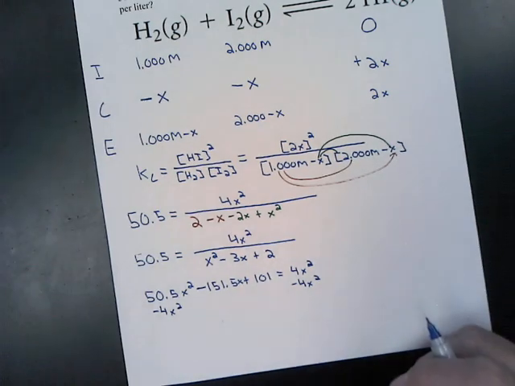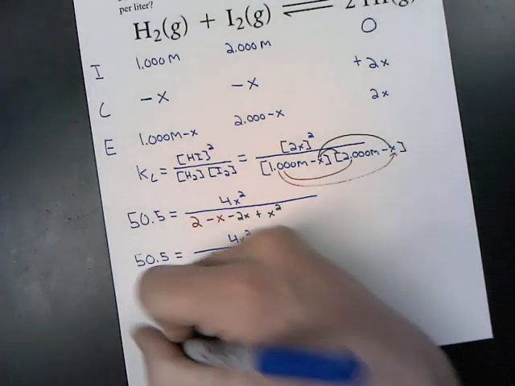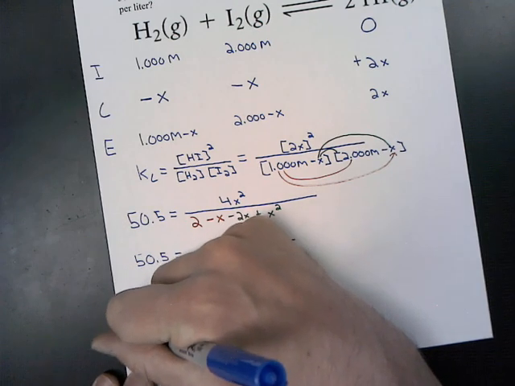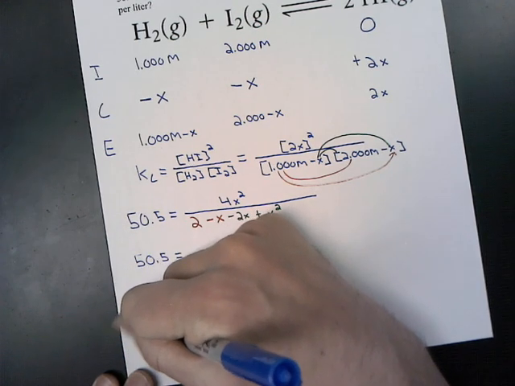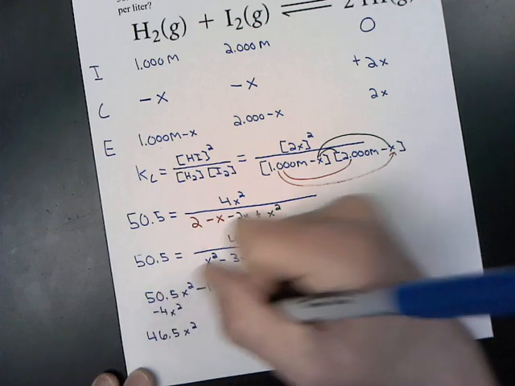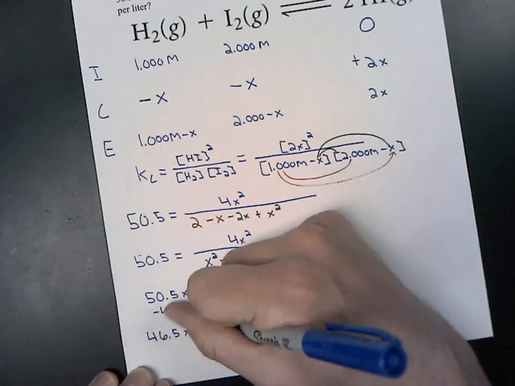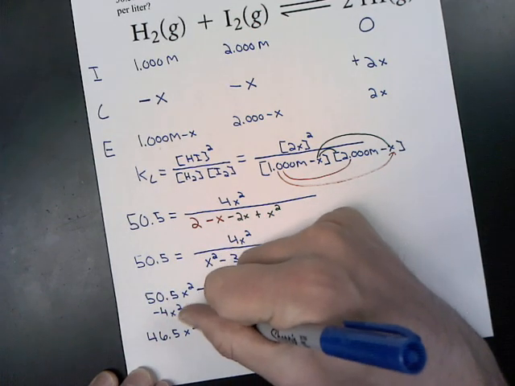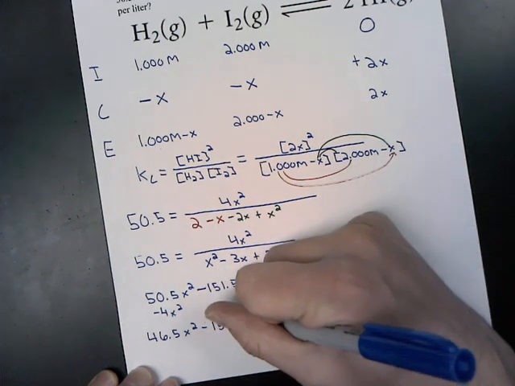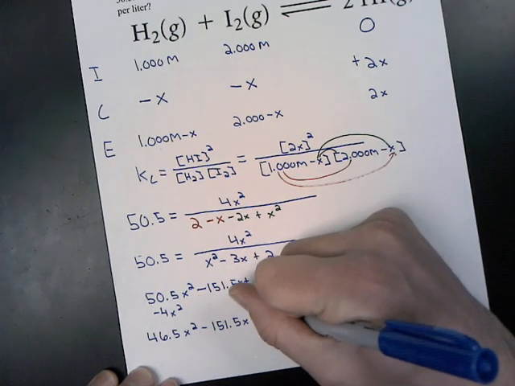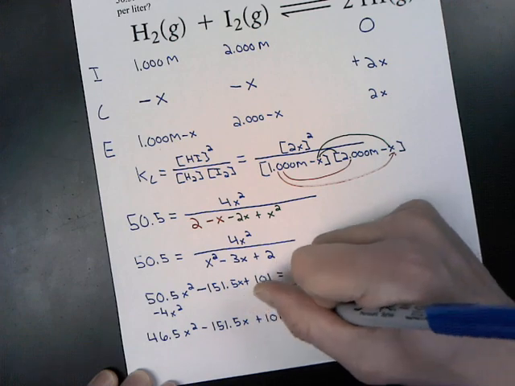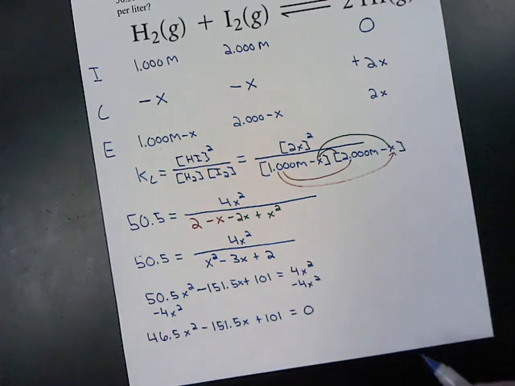And what I'm going to do is end up with 46.5x squared minus 151.5x plus 101 equals 0.